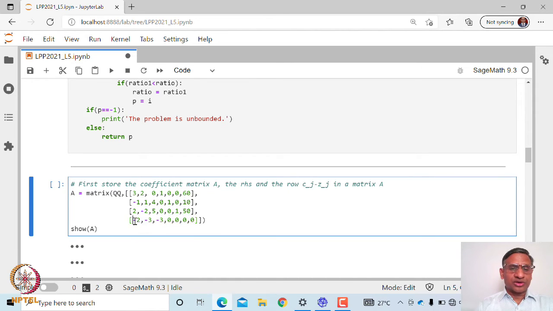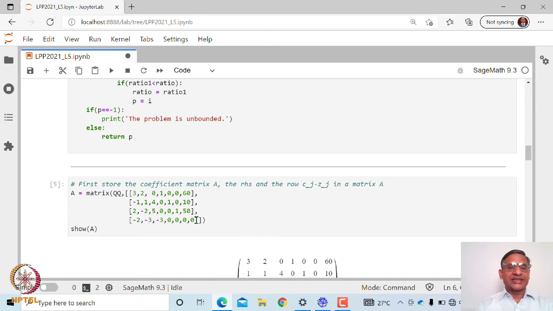So the coefficient of x1 in the minimization problem is -2, the coefficient of x2 is -3, the coefficient of x3 is -3, the coefficient of x4 is 0, x5 is 0, x6 is 0, and the value of the objective function is 0 at this stage. So that is the matrix A.